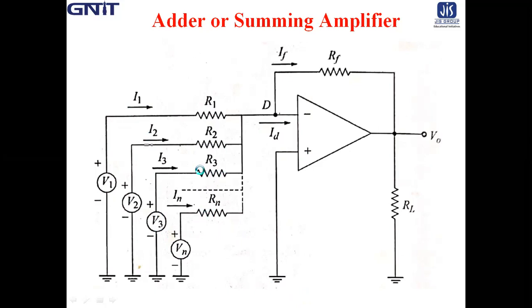The inverting amplifier configuration is used to add input signals with series resistances R1, R2 up to Rn.